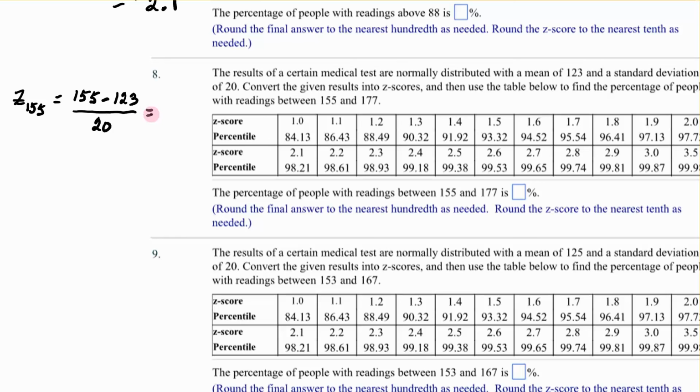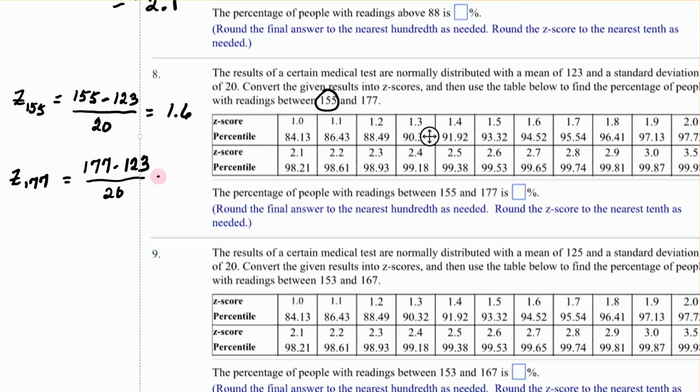And I end up with a z-score of 1.6 for this one. Now I need to get the z-score for 177. Well, it's going to be 177 minus 123, still divided by 20. It doesn't want to keep an equal sign. And I get 2.7.